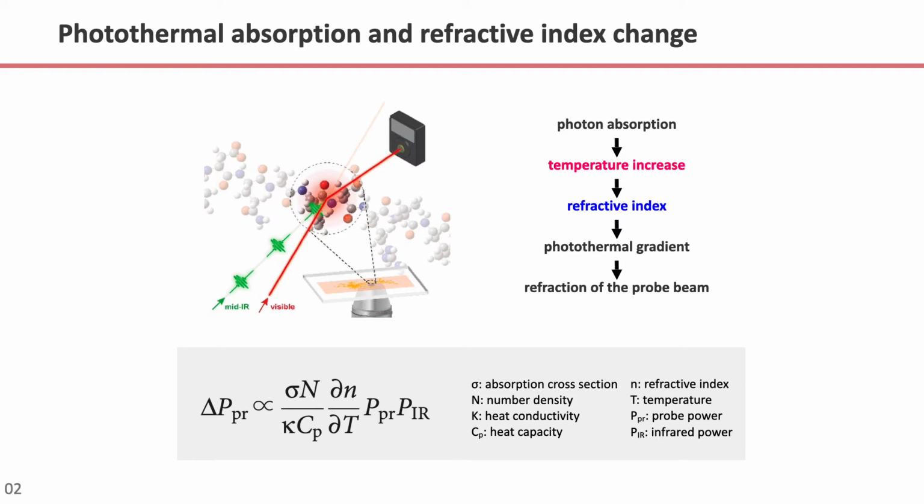If we can control the IR light precisely, a distinctive temperature change near a specific chemical structure is feasible even in a living organism. And the intensity of the deflected beam is proportional to the absorption cross-section and the population of the target chemicals.